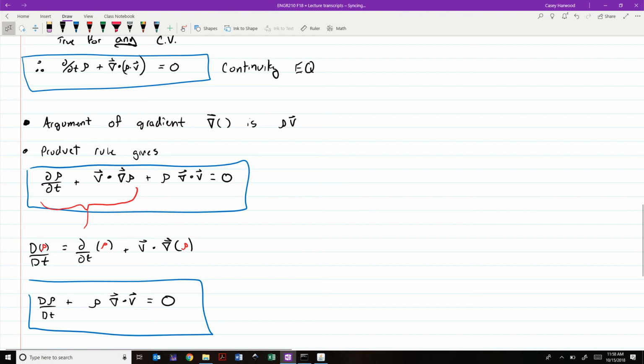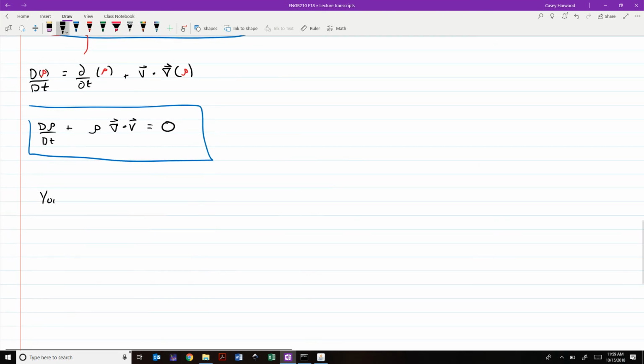It doesn't change, that it's constant, right? So your book says rho equals constant for incompressible flow.